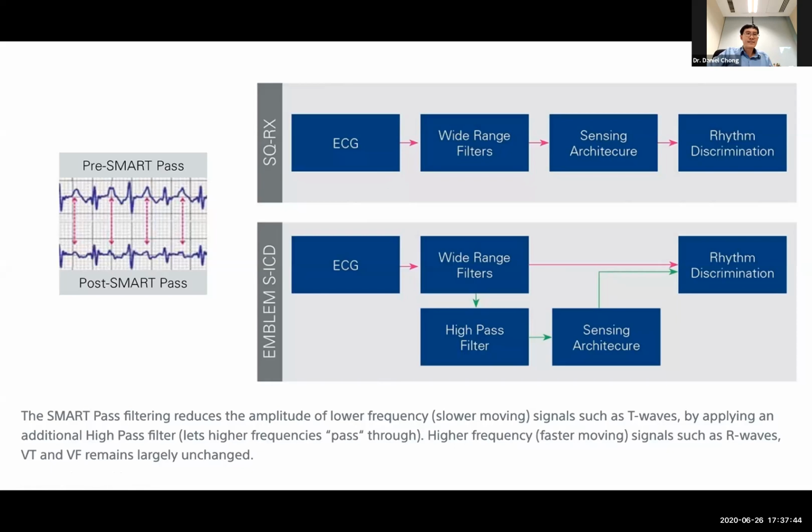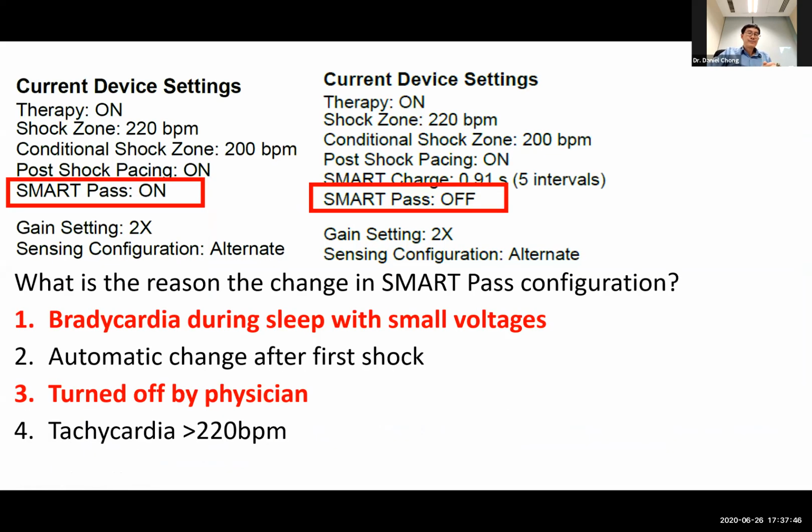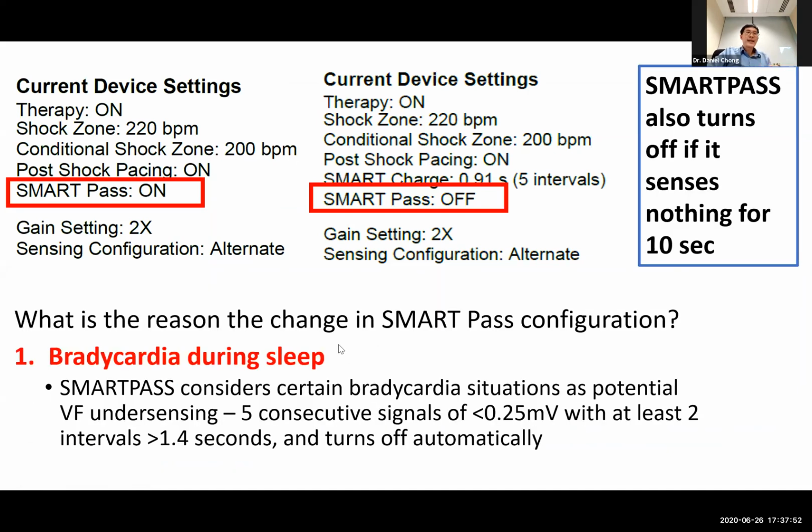However, in this particular case, this patient had actually bradycardia during sleep, and one of the safety features of the smart pass is that it will automatically turn off if it senses nothing for 10 seconds. So if it senses asystole for 10 seconds, smart pass will automatically turn off even without the physician programming it.